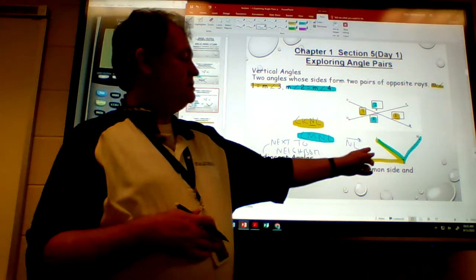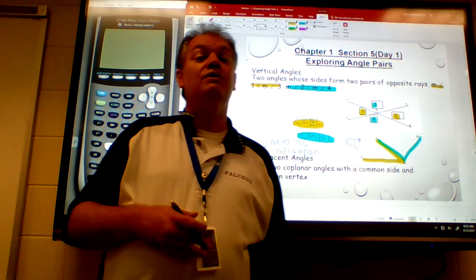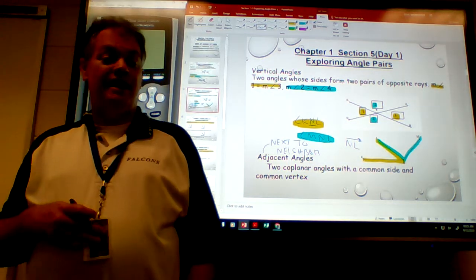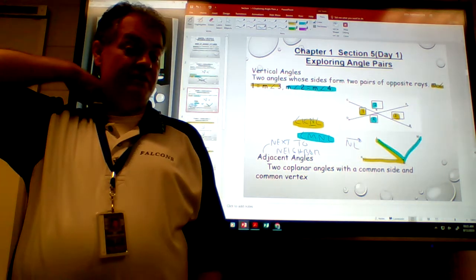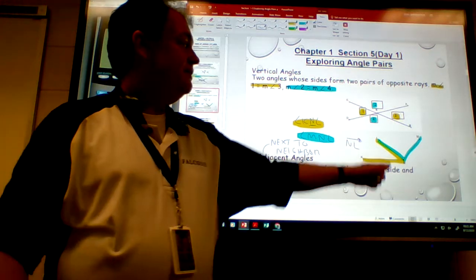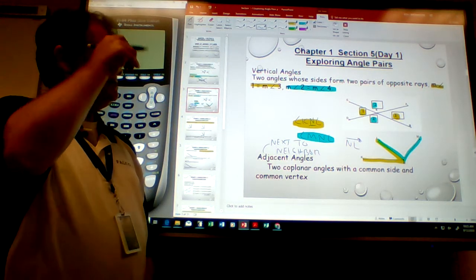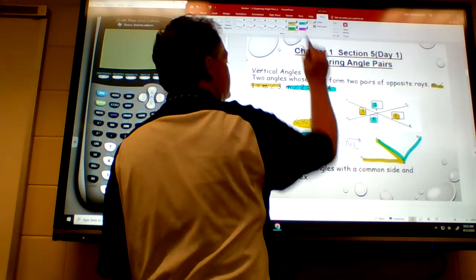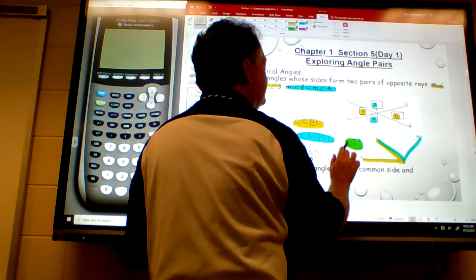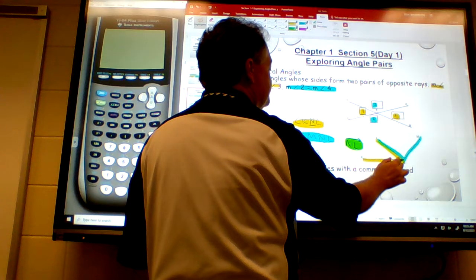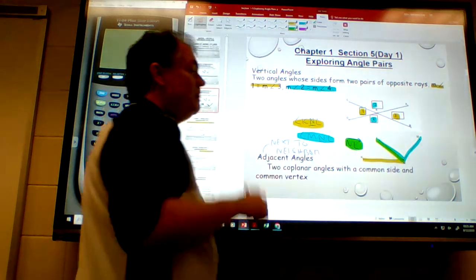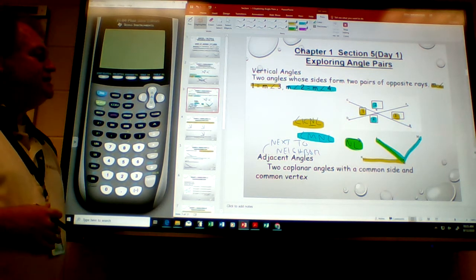And notice also the yellow angle and the blue angle are not inside either one. So that means that they're both next to each other. They share a common vertex point and they share a common side. That common side is side NL. And I'm going to highlight that in green because that's what you see right there. All right. That's adjacent angles.